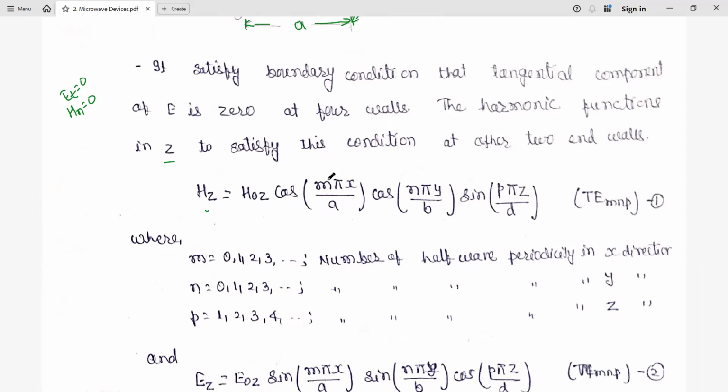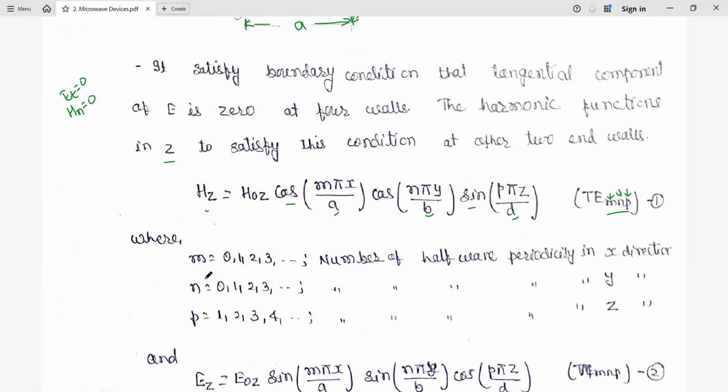Earlier, in the previous chapter, we talked about only m and n. Here we are considering all three directions. This is the equation for the transverse electric field for all three directions: m for x, n for y and p for z. m, n and p are the numbers of half cycles along the x, y and z directions respectively, with dimensions a, b and d along the x, y and z axes. Along x and y we have cos, along z we have sin.